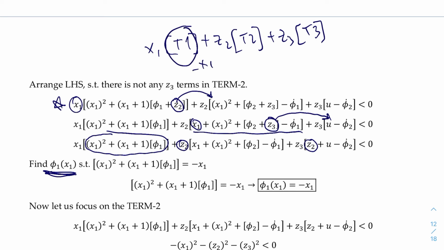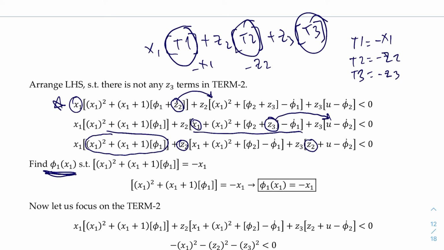Just equate term 1 to minus x1, term 2 equals minus z2, and term 3, of course without loss of generality, minus z3.